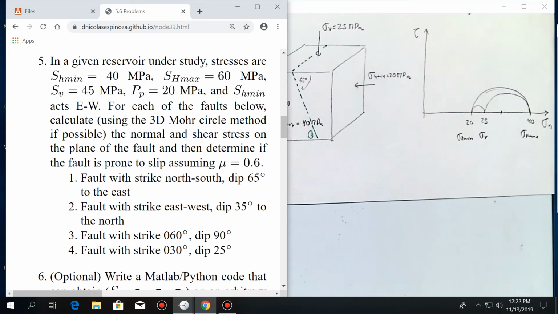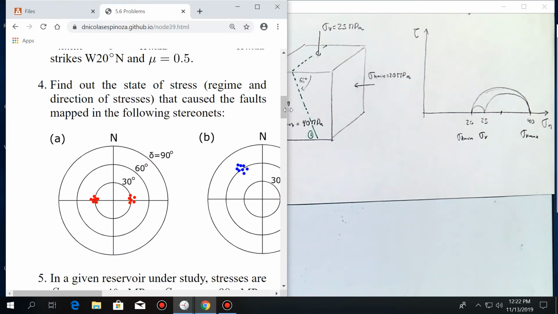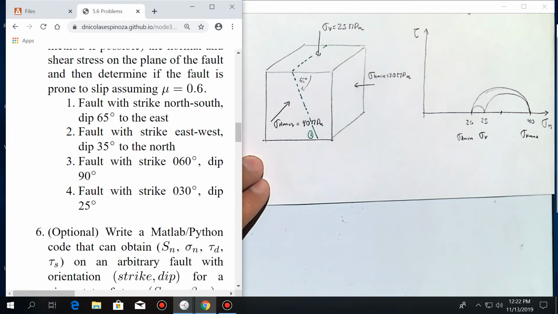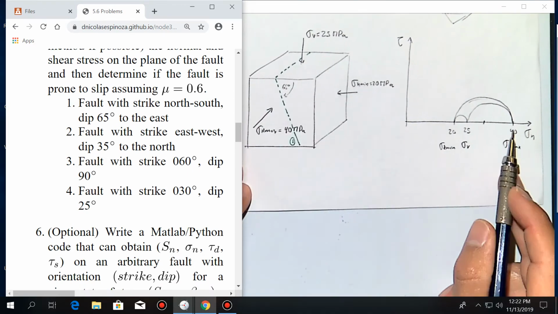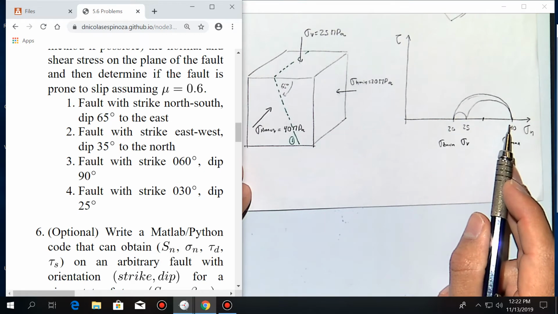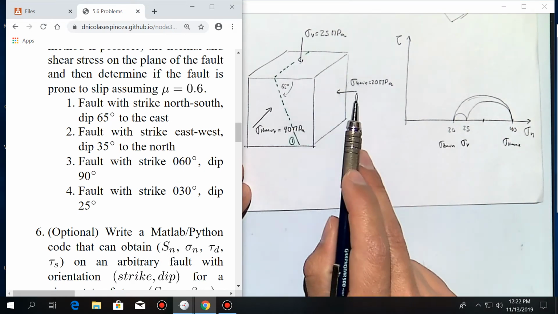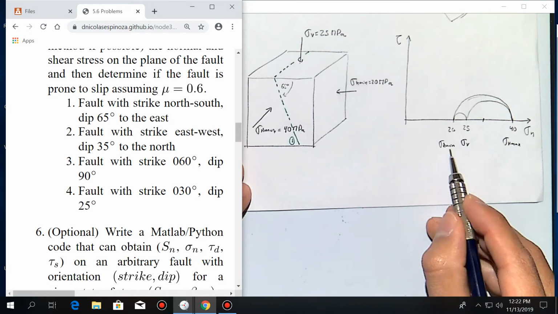So if I want to find where that is over here, I will have to use these two stresses, sigma V and sigma H mean, which are these two.